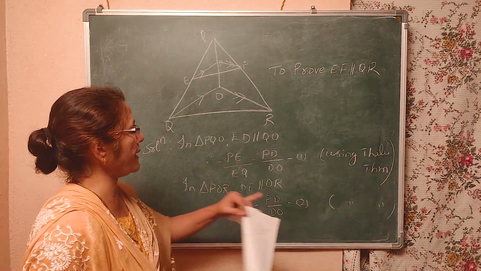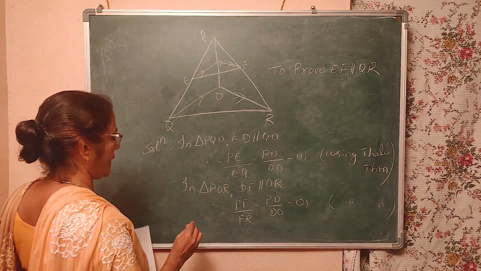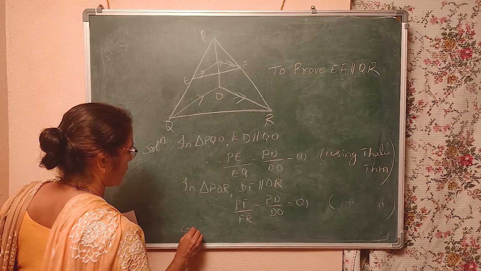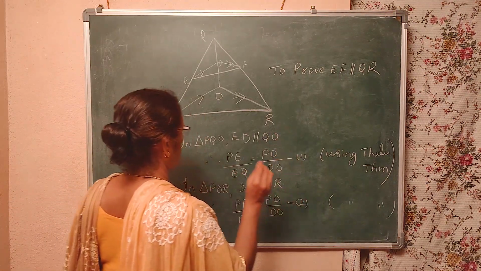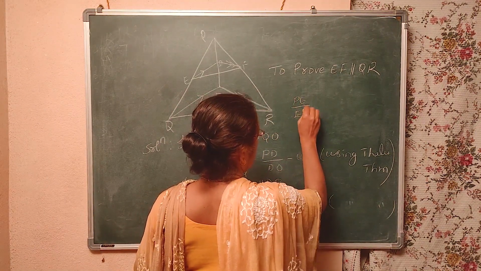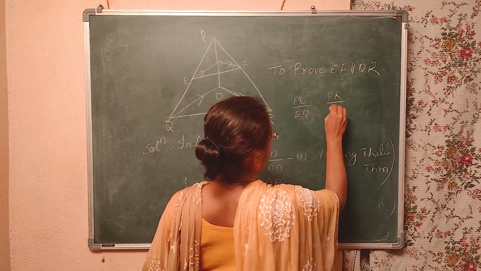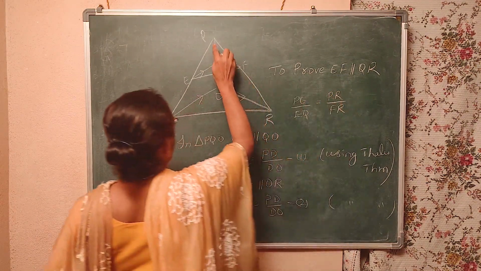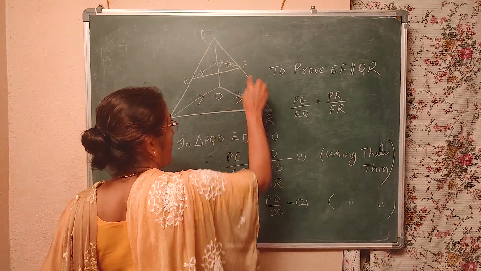So, comparing 1 and 2, PD by DO, PD by DO. So, what do you get? Comparing 1 and 2, you get PE by EQ is equal to PF by FR.